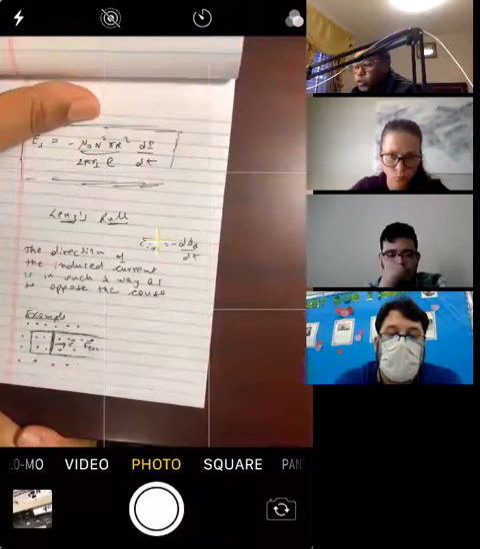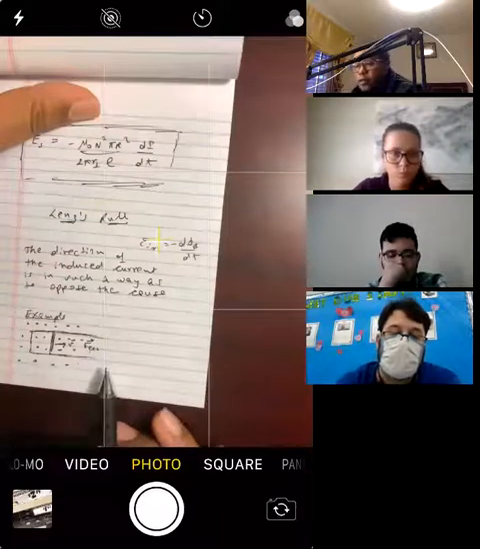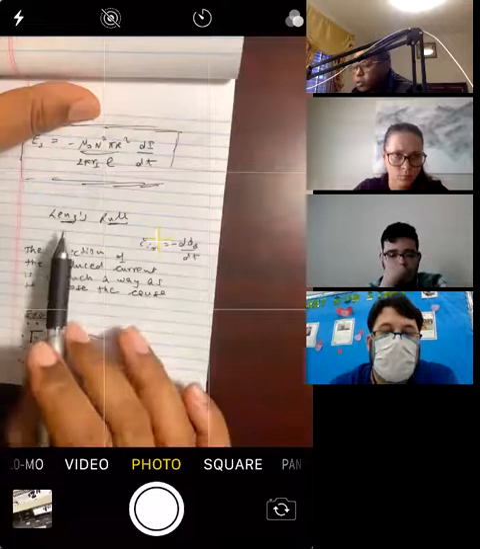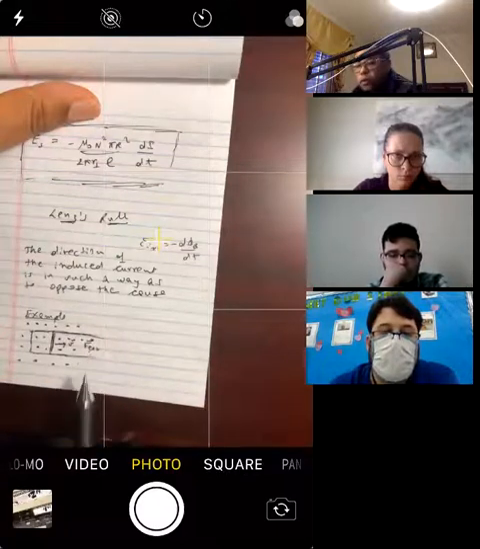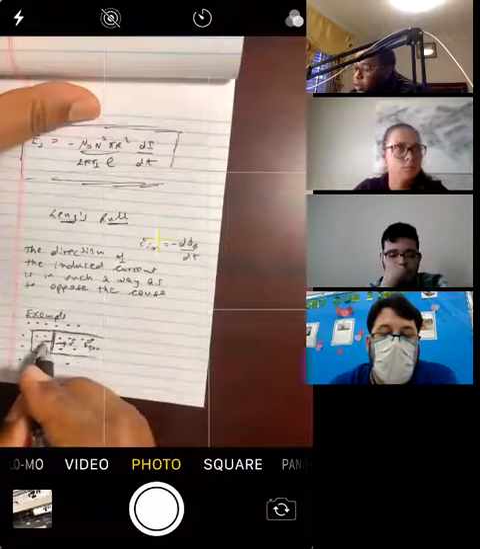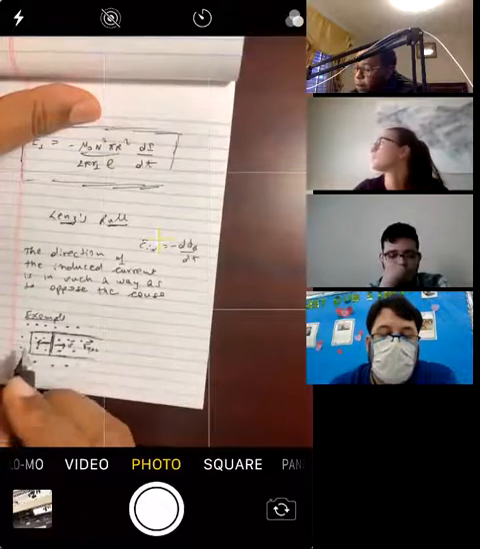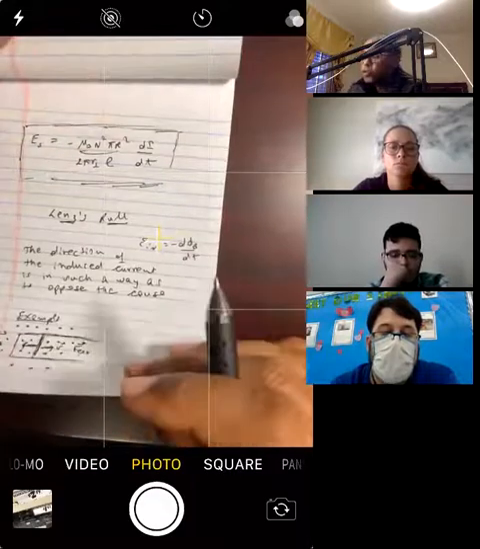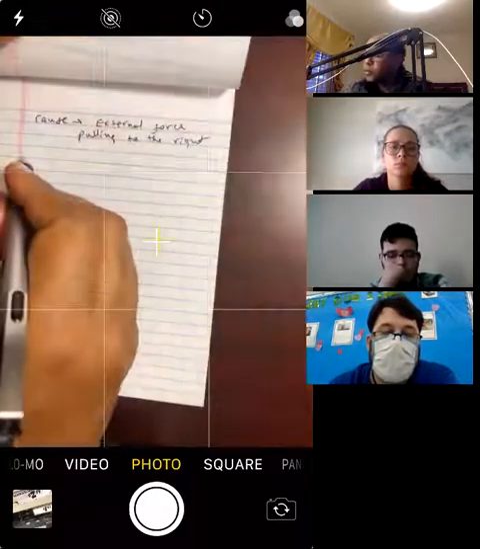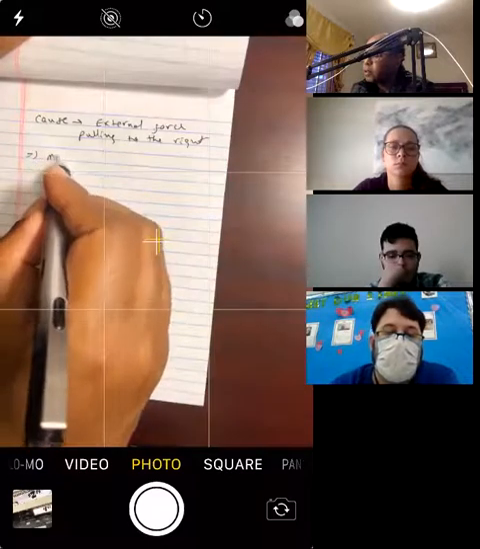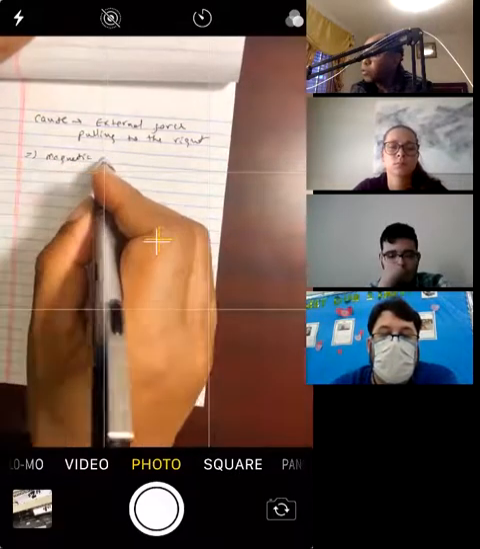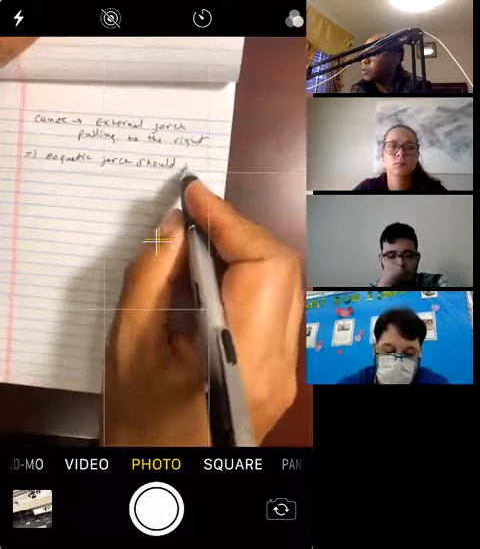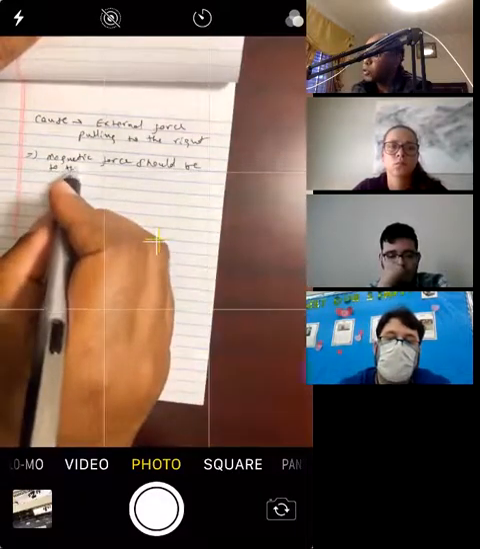The question is, which way should the magnetic force be? Should it be to the right? Should it help the external force, or should it oppose it? According to this rule, it should oppose this force. So we conclude the magnetic force should be to the left, to oppose the cause.